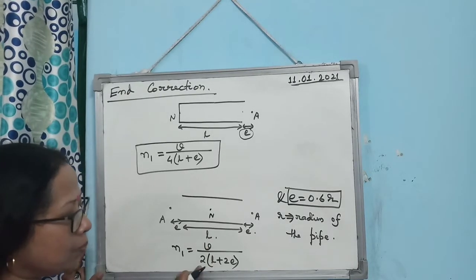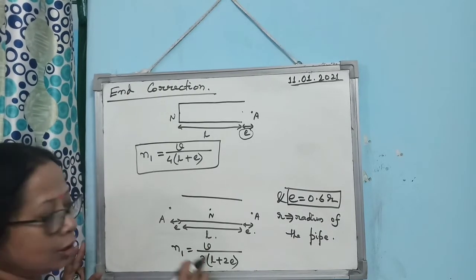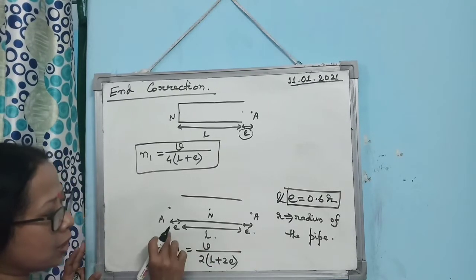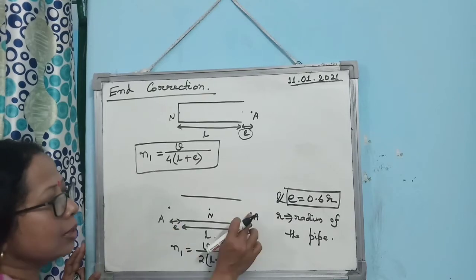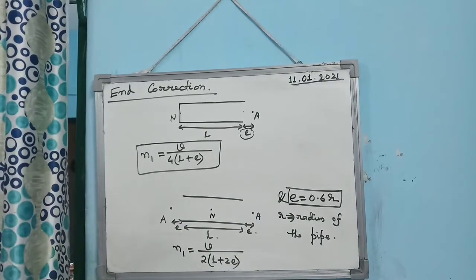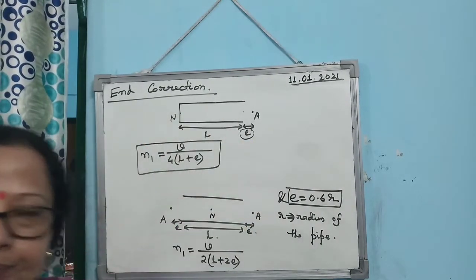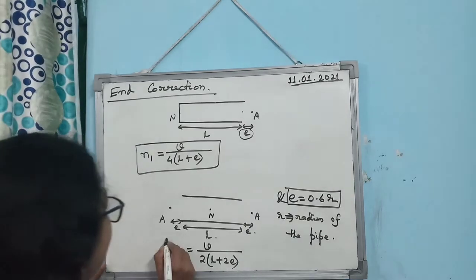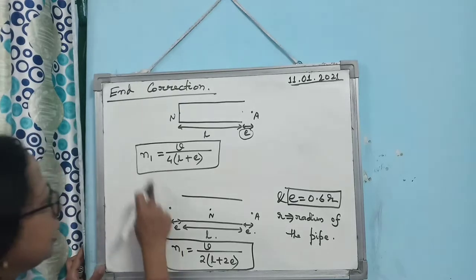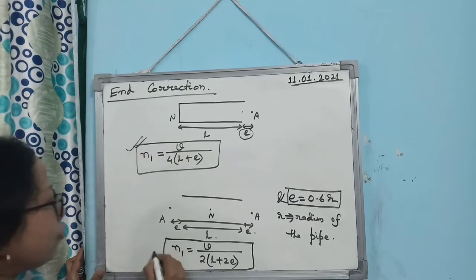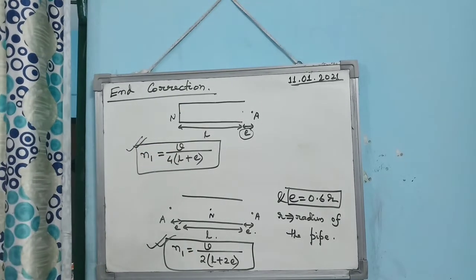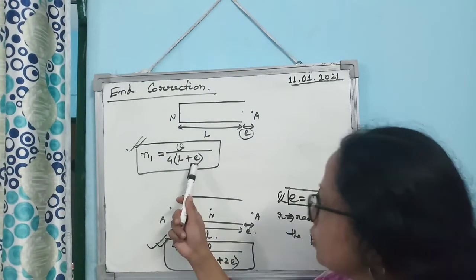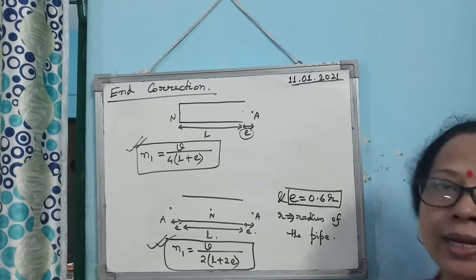It will be v/2(L + 2e), not v/2L, because L + 2e is the distance between the two antinodes produced. So this is the concept of end correction, and applying it, these two are the modified relations for the fundamental frequency of vibration for closed-end pipe as well as open-end pipe.